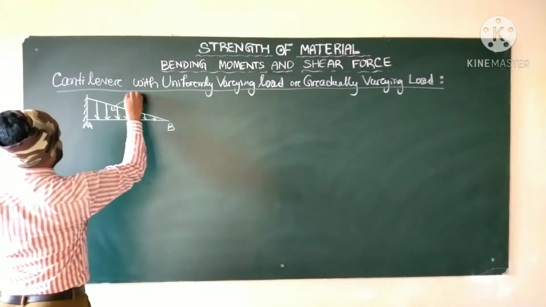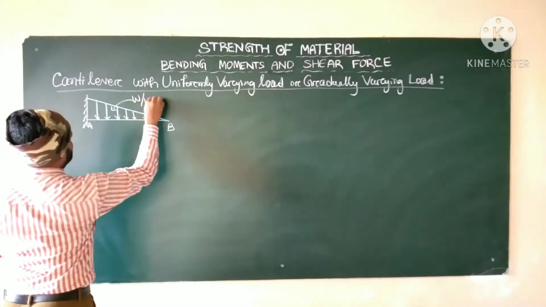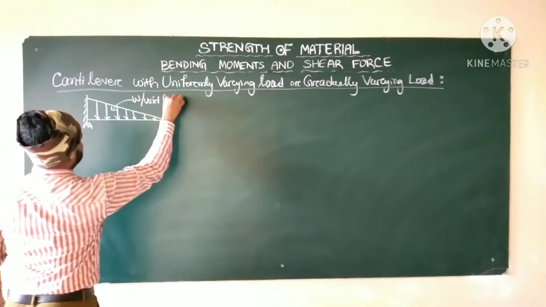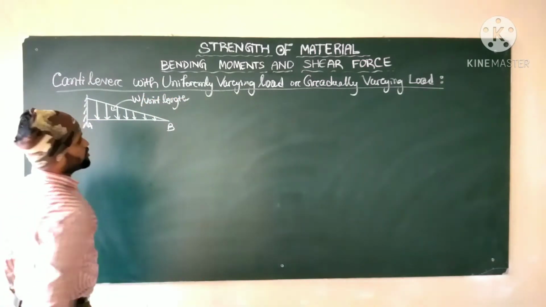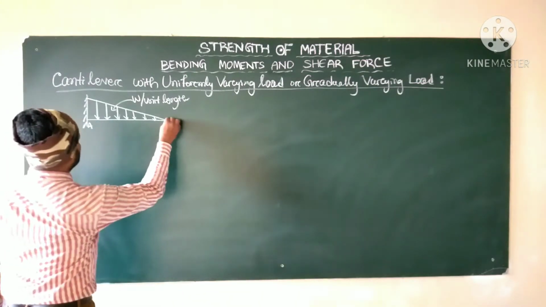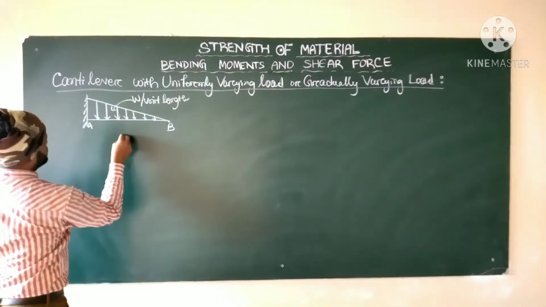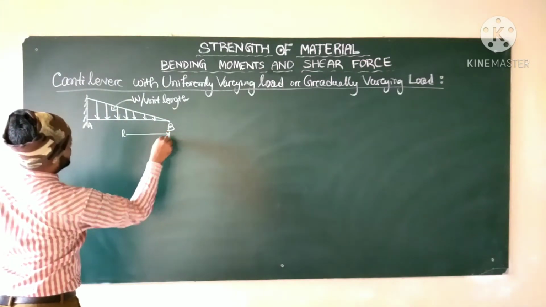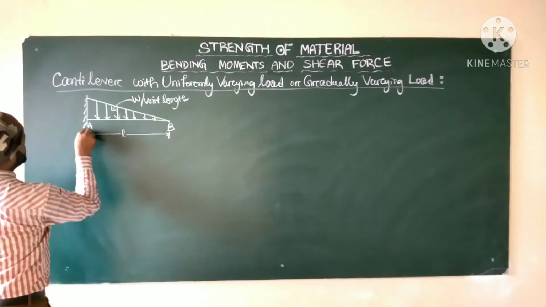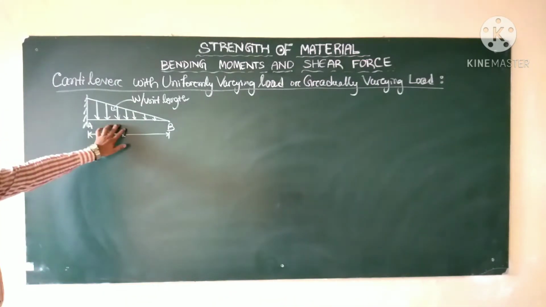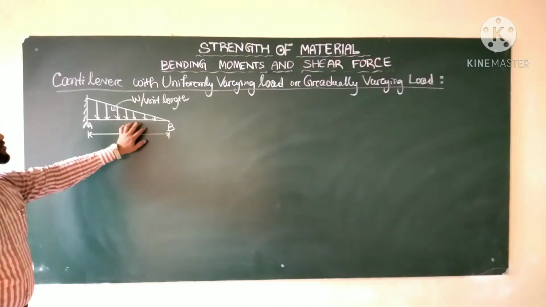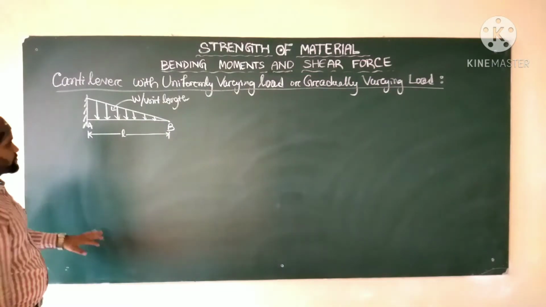This amount is w per unit length. Here it is 0, here it is small w. The length of the cantilever beam is small l.